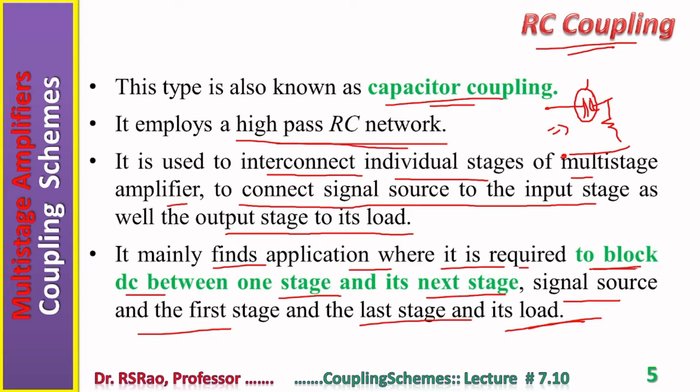Similarly, DC is not allowed to enter into the load. It becomes a drain on the source. Not only that, losses also go up. To prevent DC entering into the load, again, some mechanism has to be implemented.